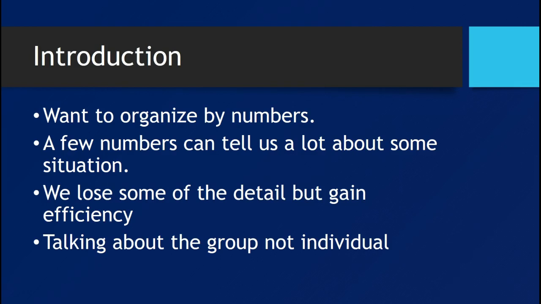Now, we have to understand that whenever we do this, we're going to lose some of the detail. So we're going to lose some of the individual measurements, the individual data points, but we gain an enormous amount of efficiency. So it's very powerful to do this.